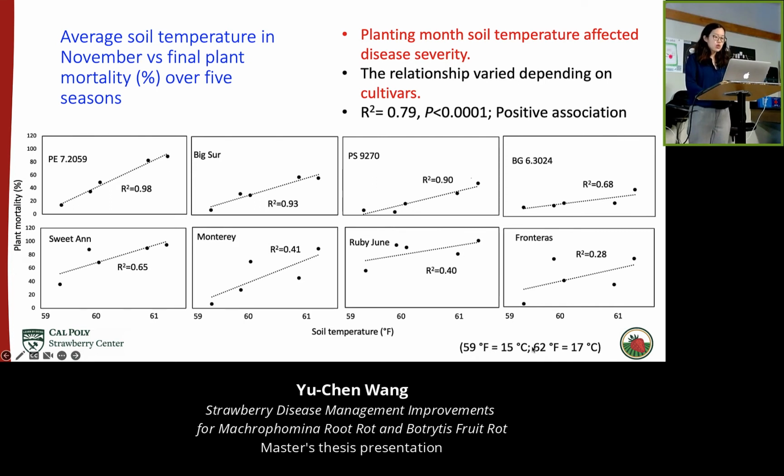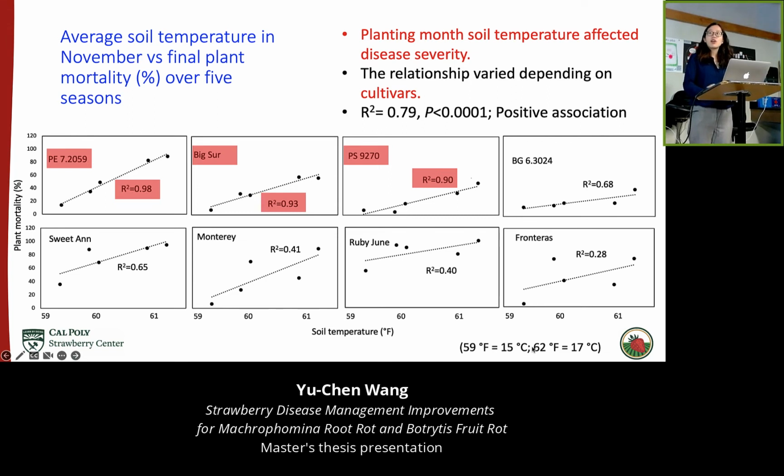Here we see the soil temperatures go from 59 to 62 Fahrenheit, and the final disease mortality on the y-axis, and each dot represents each year's data for those 8 cultivars. We see the relationship actually depends on cultivar. The 3 cultivars here have very good fits, with R-square values higher than 0.9.